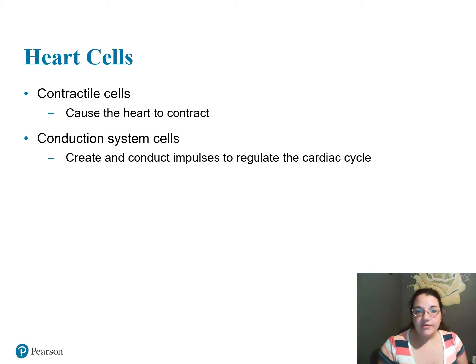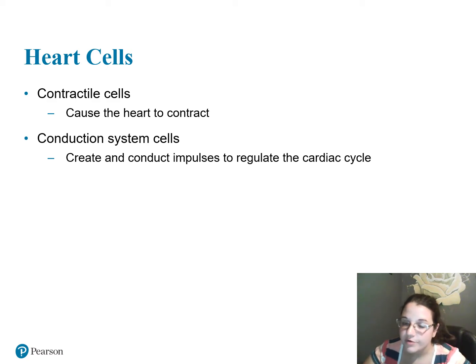Then you found out that we have 4 chambers. Your top 2 chambers are your right and left atria, and your bottom 2 chambers are your right and left ventricles. And then you found out that we have 4 valves, 4 doors that open and close. You have your tricuspid and your bicuspid valves that are in between your atria and your ventricles. And then you have your pulmonic and your aortic valves for the blood leaving the heart.